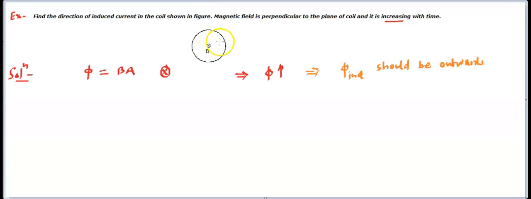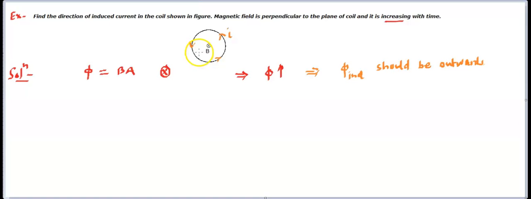And if we are choosing this current, you'll find this will give the magnetic field into the plane. So our purpose is to get the magnetic field outwards, because flux has to be outwards. So this direction is going to be the direction of current. So you can show that this is going to be the direction in this conducting loop. So in the coil, the current will be moving in this anti-clockwise sense.